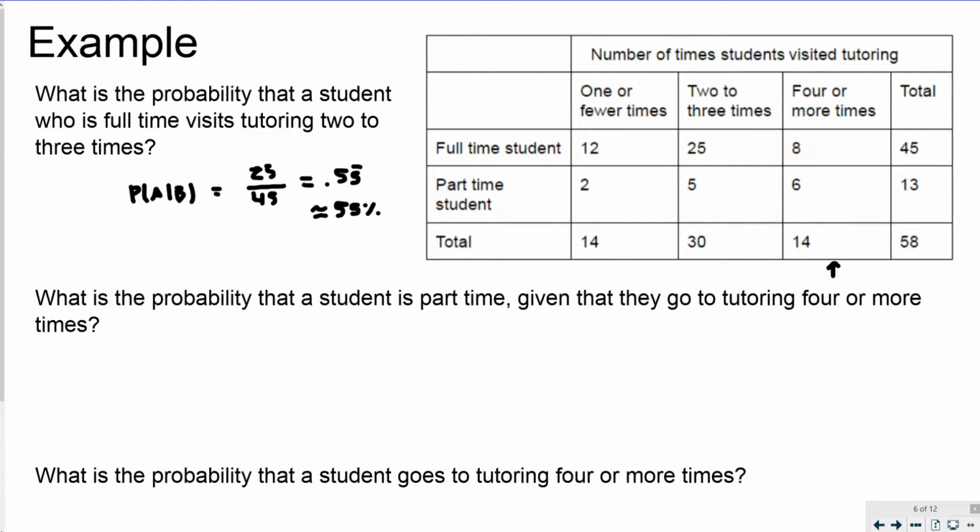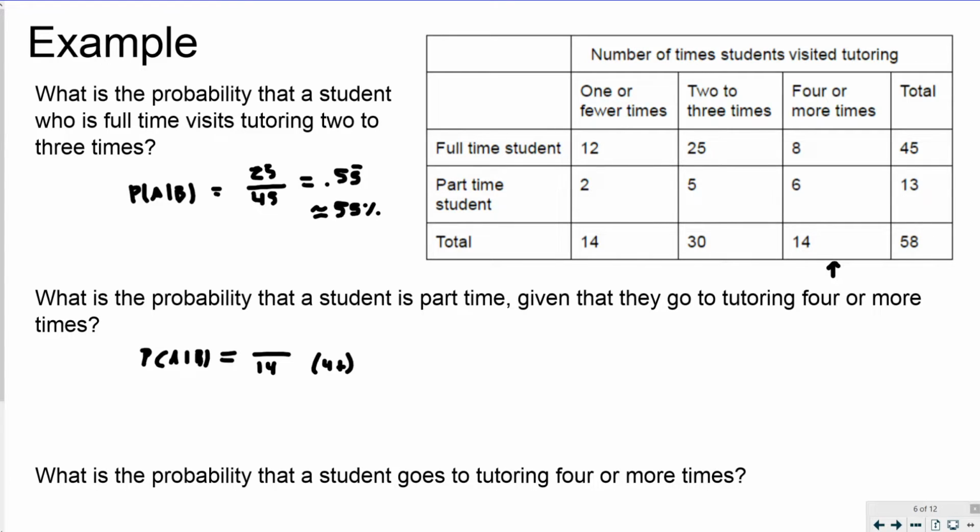On the bottom, we have 14 students in total that go 4 or more times.